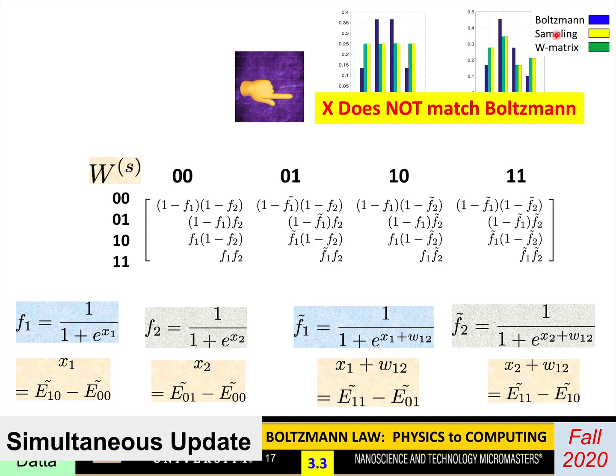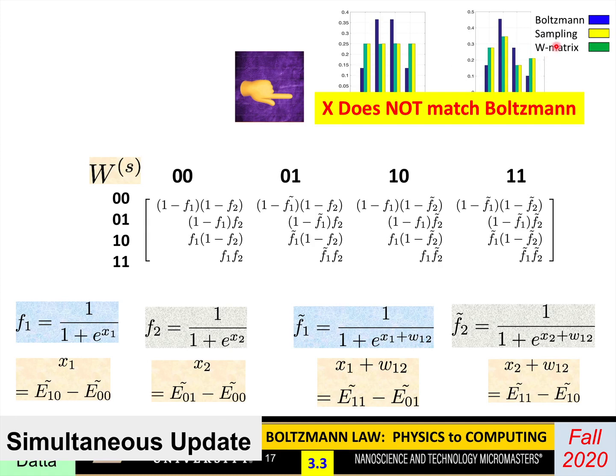And the sampling now is not Gibbs sampling, but this simultaneous update method. You'll notice the sampling and the W matrix match exactly. So the yellow and the green are matched very nicely. So that tells you that this W matrix method actually describes this sampling procedure very well.